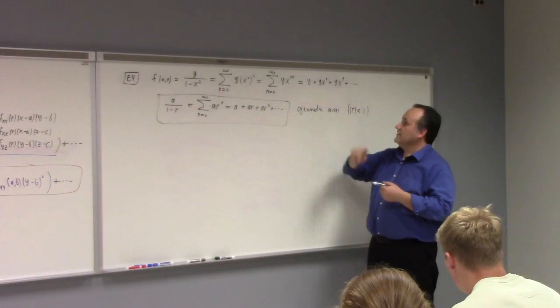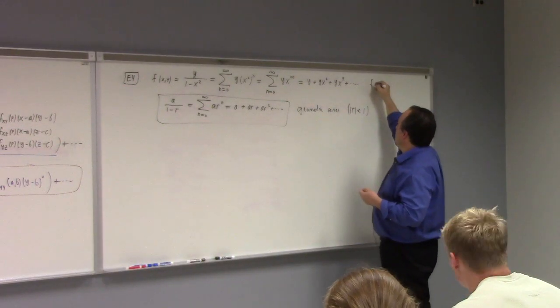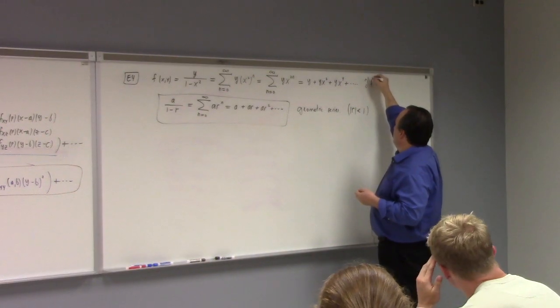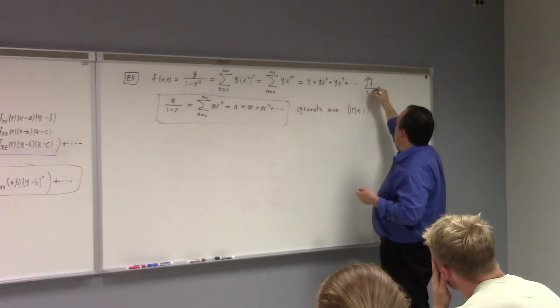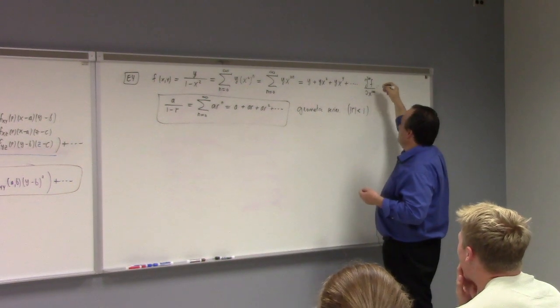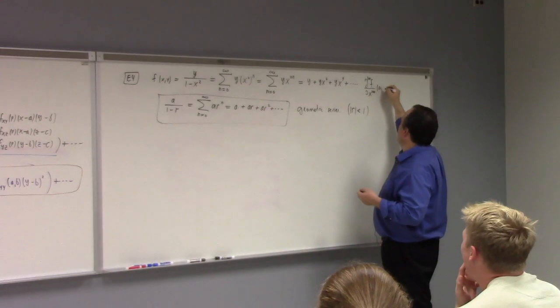But there it is. So you guys could answer a host of questions about this function now with this power series. Like what if I calculate the 300th derivative of f with respect to x at 0?